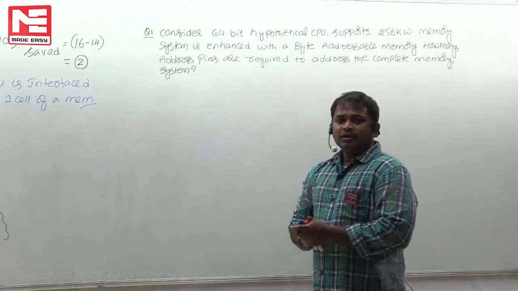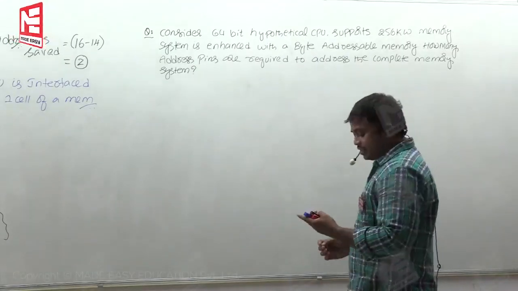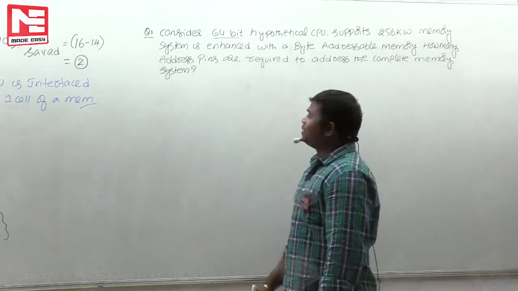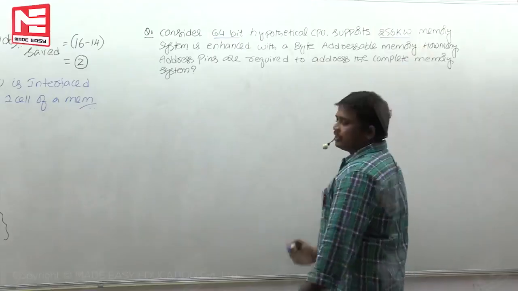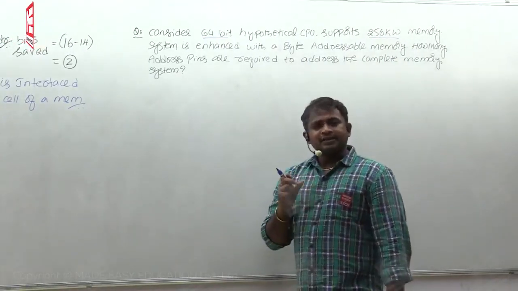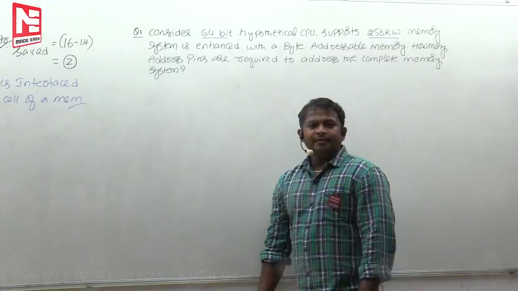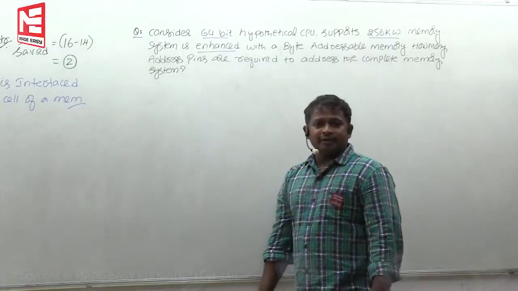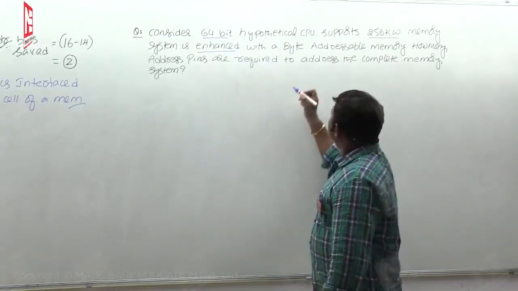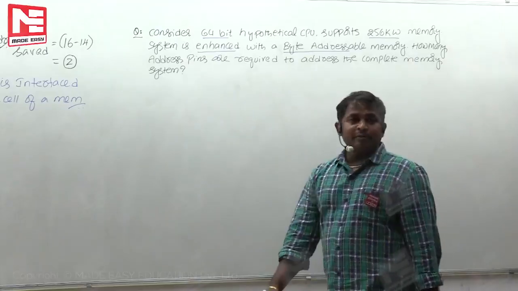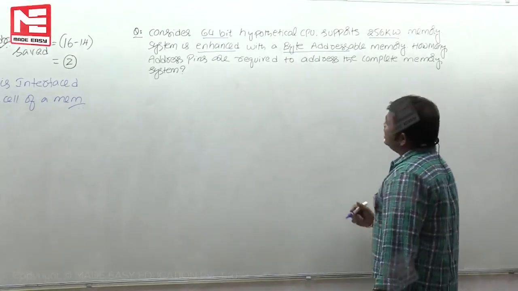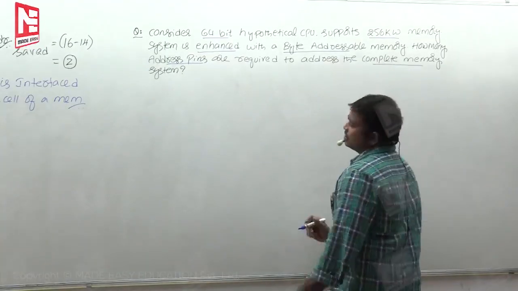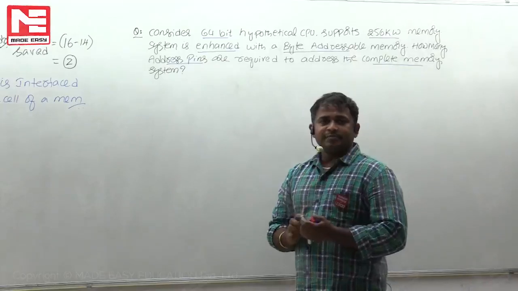This is the question. Read the question once. Consider a 64-bit hypothetical CPU. CPU is a 64-bit CPU. Supports 256 kilo word memory. Cell size is word. Word addressable memory. System is enhanced. Enhanced means modified, not replaced. With a byte addressable memory. Byte addressable memory means cell size equal to 8-bit. Then how many address pins are required in total to address the complete memory system in the enhanced CPU?